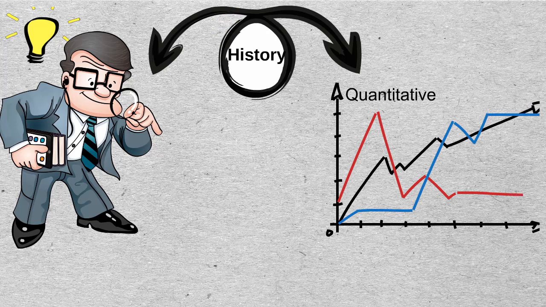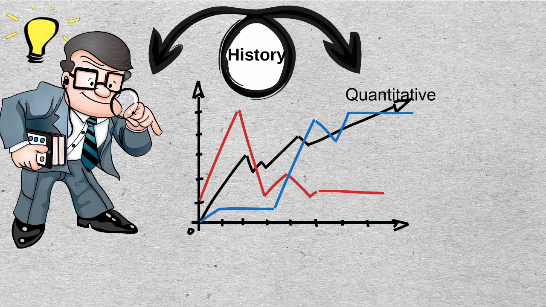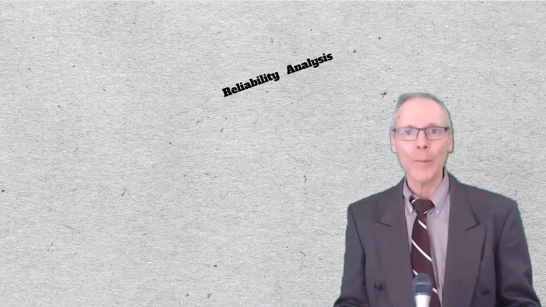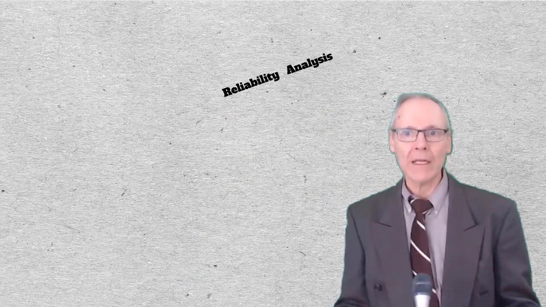Maintenance engineers are less familiar with the second type of historical record, required for quantitative analysis. This type of analysis, called reliability analysis, is seldom performed successfully in the maintenance organization. Why?